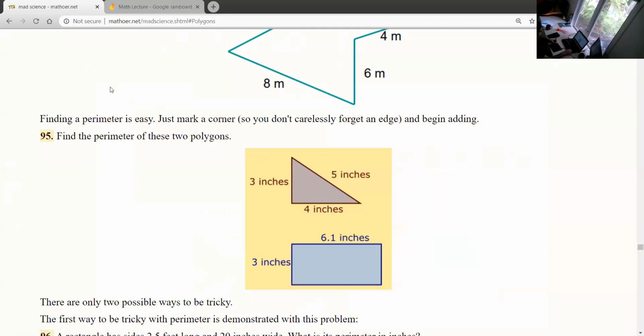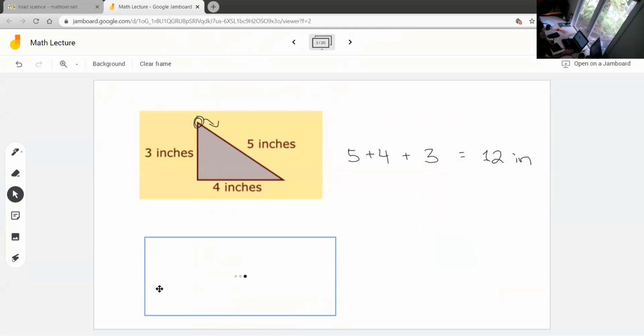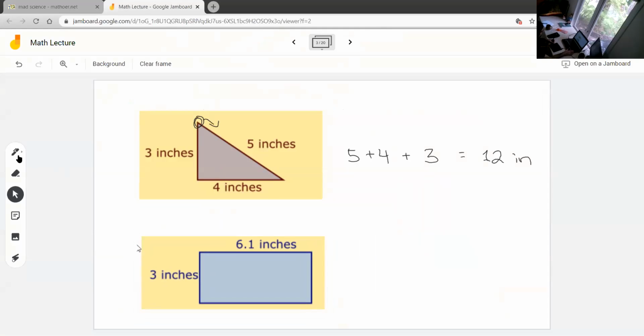And then on the other one, this is also 6.1. And this is also 3 inches. So I'll pick a corner and go around.